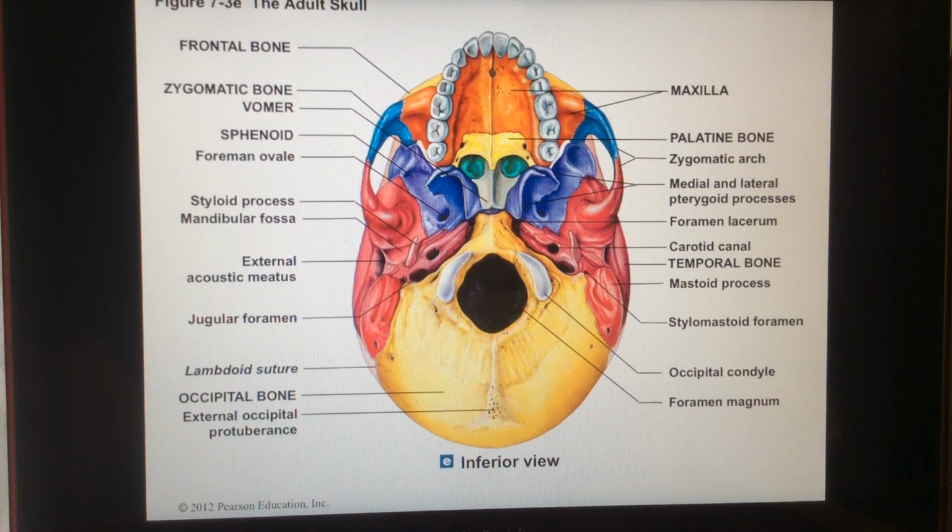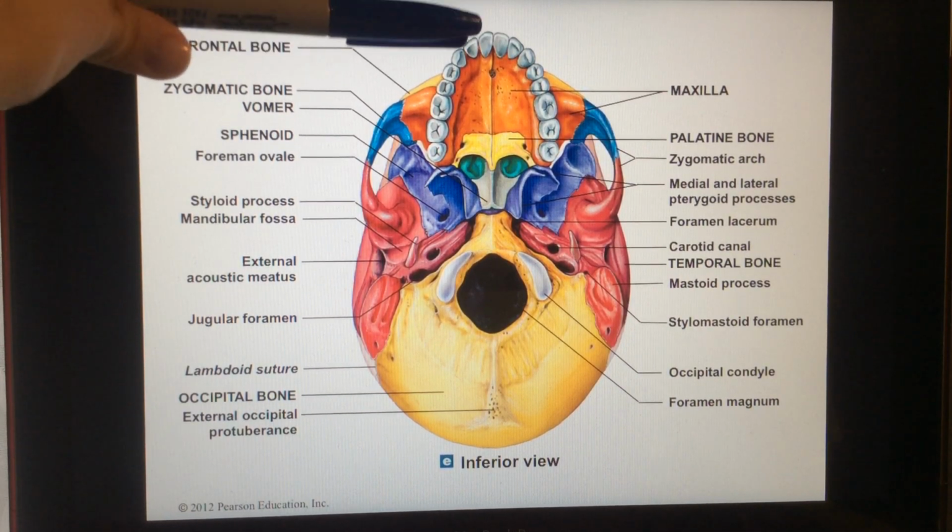Fabulous. Now this is where the mandible has been removed. You've turned the skull upside down, so this is an inferior view. So again, be able to appreciate from top to bottom, side to side, front to back, because I want you to think about the skull as a three-dimensional object.